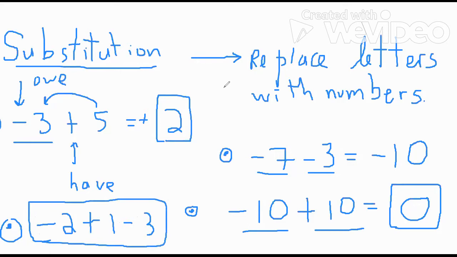Just work out 2, then work out the other one. Negative 15. Negative 4. Negative 15.